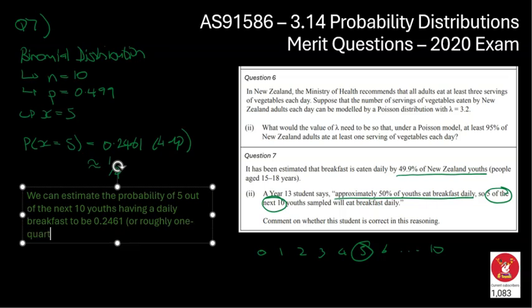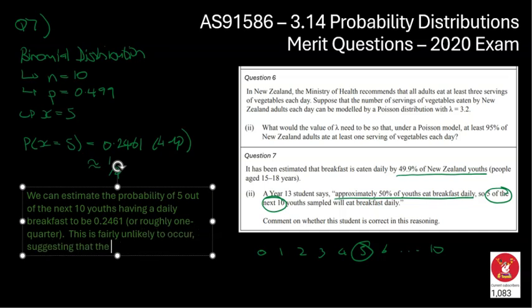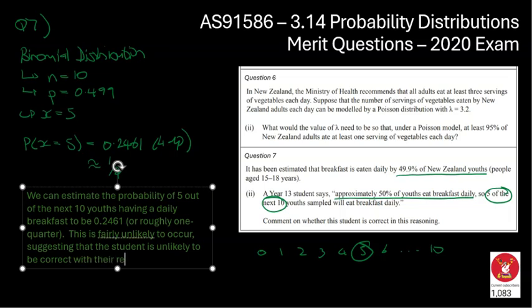So it's just me explaining the number. Again, it's a merit question. It would be weird if they didn't have a wordy element to it. So let's put them in anyway. So this is fairly unlikely to occur, suggesting that the student is unlikely to be correct with their reasoning.